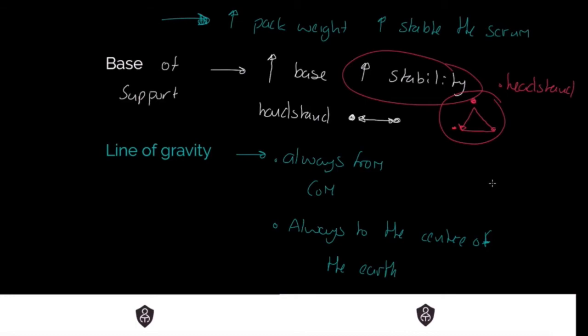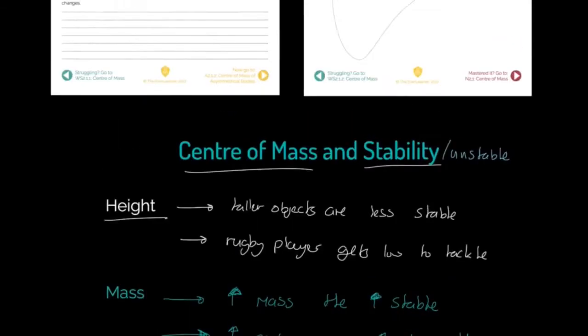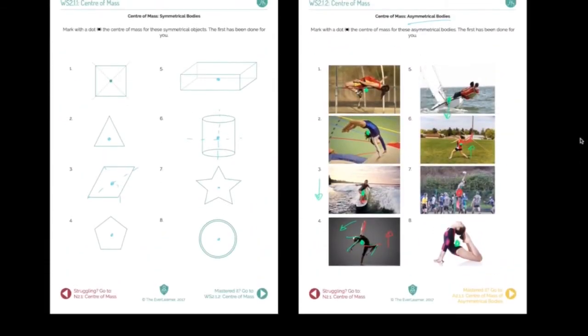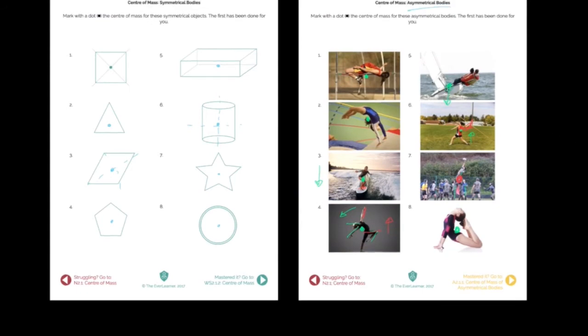Let's go back to our example up here. Look, the center of mass of this object is here, and it's above the base. It's above the contact between the boat and the water.